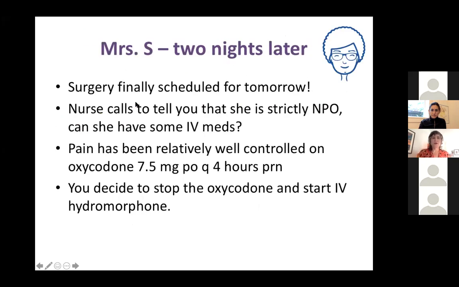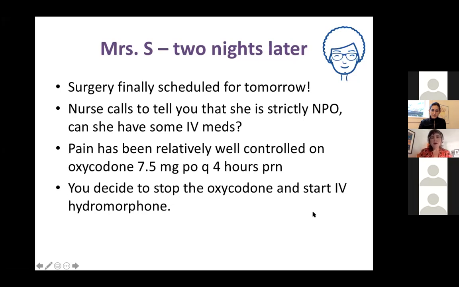All right. Poor Mrs. S had her surgery delayed. It's really going to happen now. This is a little bit of an artificial situation, but let's say that she is strictly NPO and she needs something IV, and oxycodone does not come in IV. At this point, her pain has been relatively well controlled on oxycodone, 7.5 milligrams every 4 hours as needed.